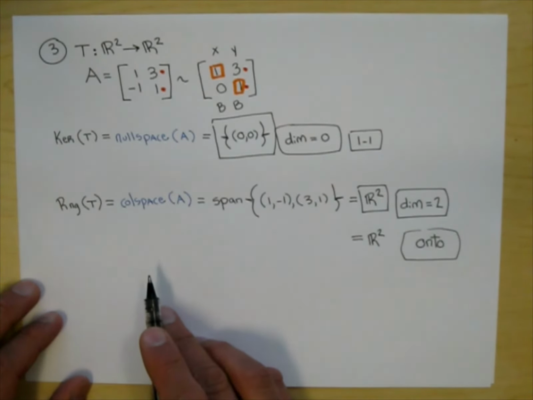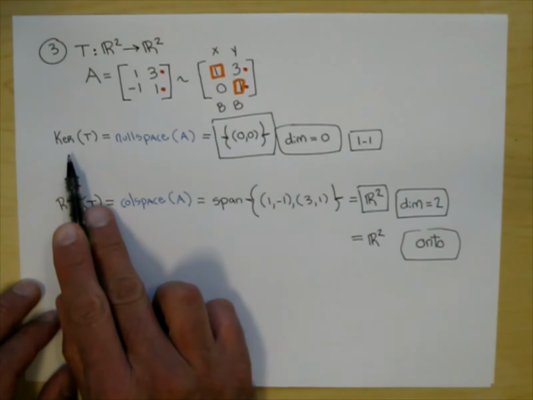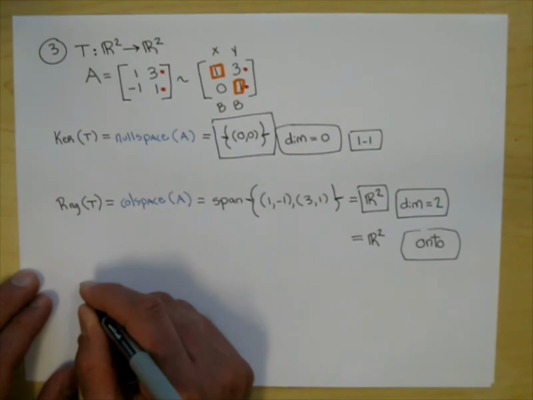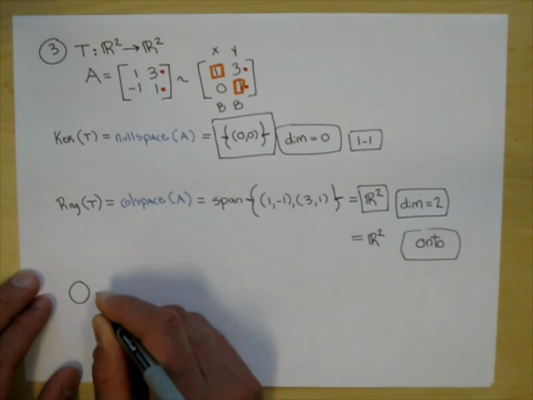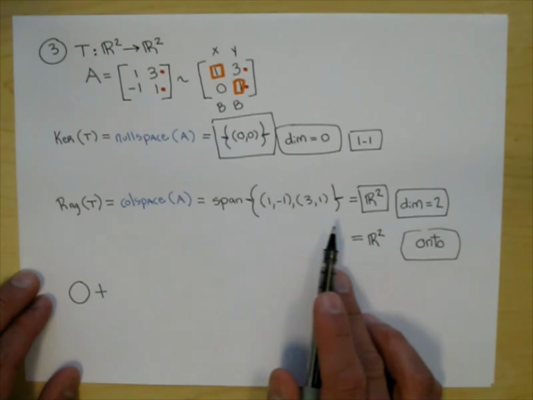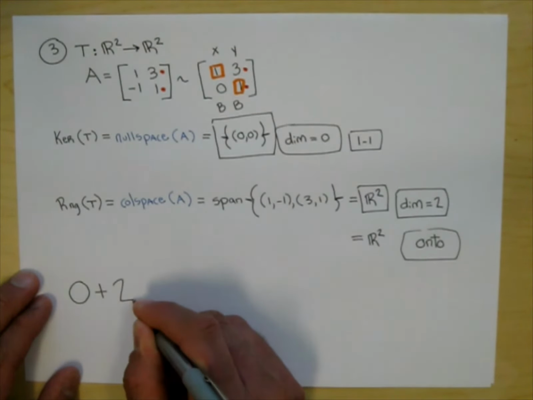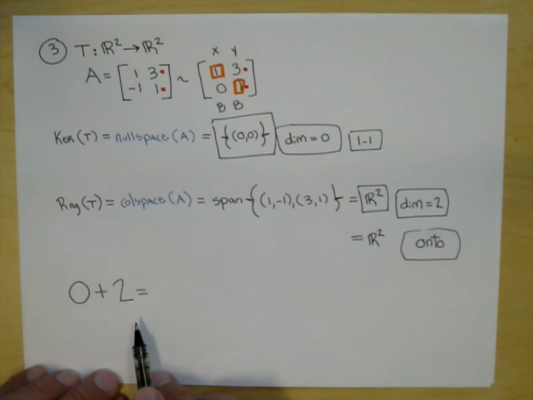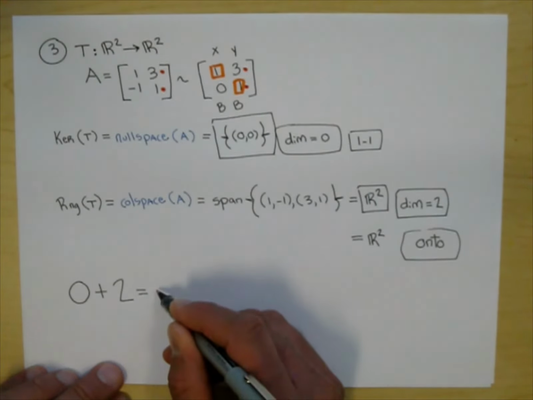So verify the general rank-nullity theorem. Well, the general rank-nullity theorem says the dimension of the kernel, which is 0, plus the dimension of the range, which is 2, equals the dimension of the domain, which is 2.